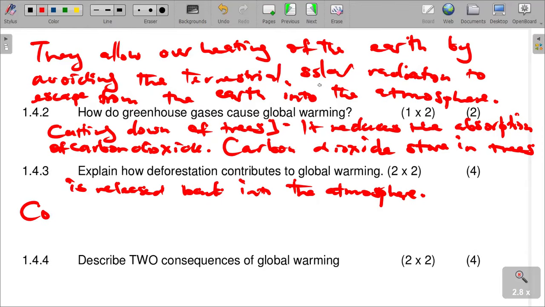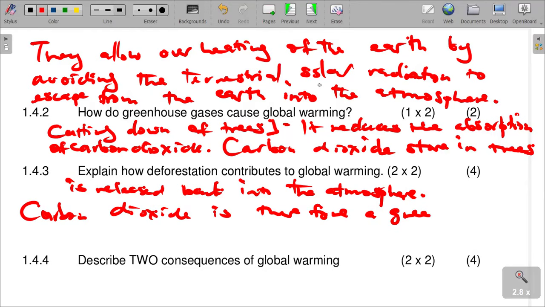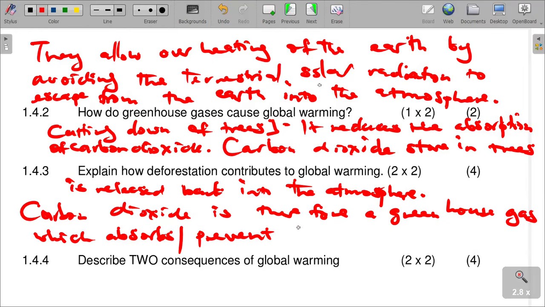Carbon dioxide is therefore a greenhouse gas which absorbs or prevents the escape of heat from the earth.